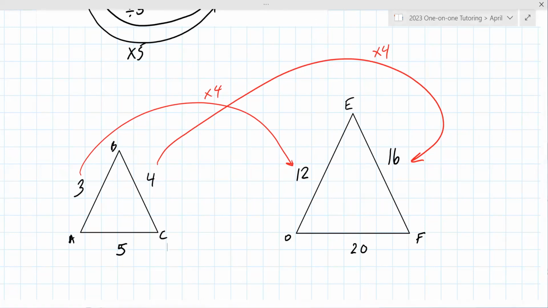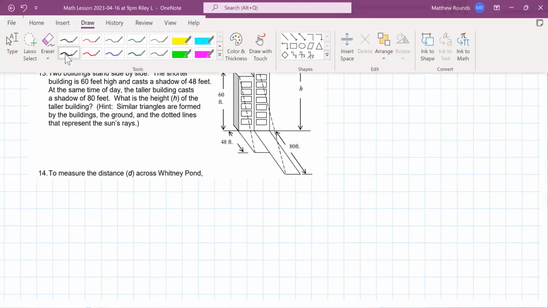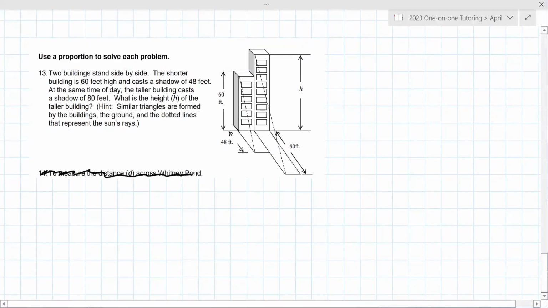Okay, let's assume you've got a calculator for the next one here, because it's kind of a story problem. Let me snip this in here. All right, so let me cross out some stuff. Forget about this down here.